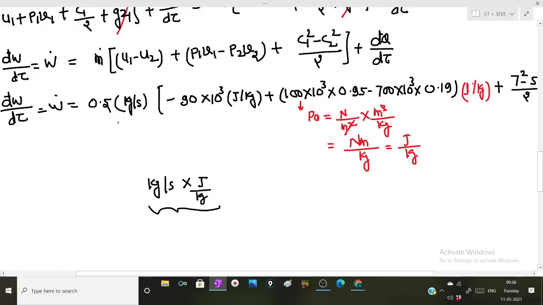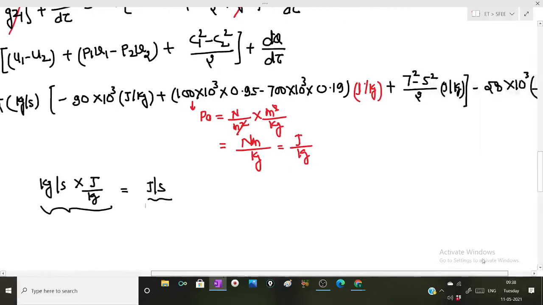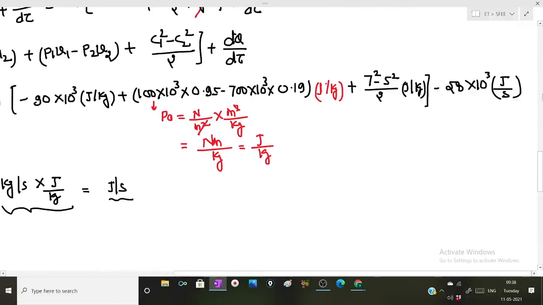So the unit of m dot into all the quantities inside the bracket will be joule per second, isn't it? And what is the unit of the quantity outside the bracket? That is heat transfer, joule per second. So the units are homogeneous.